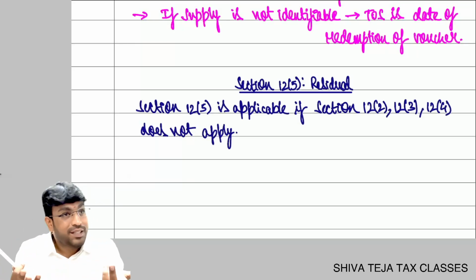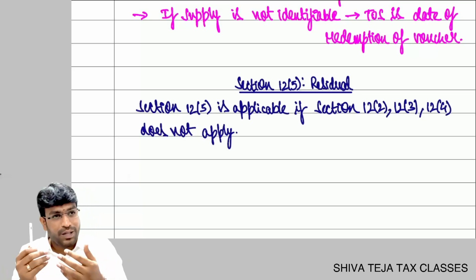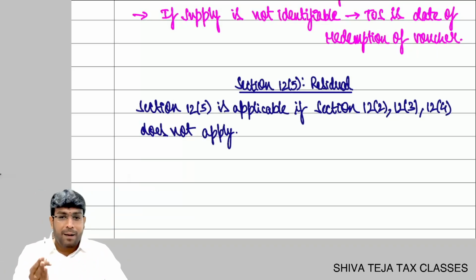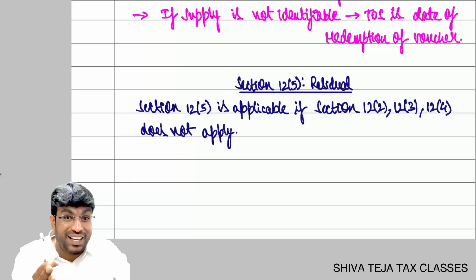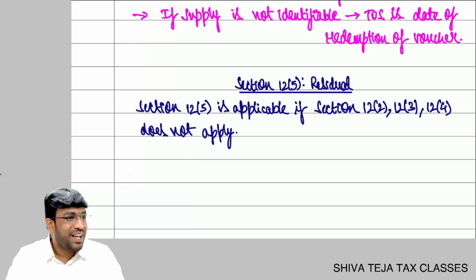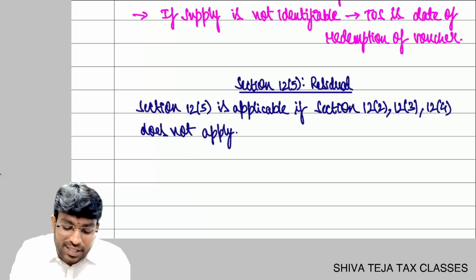Then how to determine time of supply? 12.2 is not applicable, 12.3 is not applicable, 12.4 is not applicable. Apply 12.5, residual case. Understood? Now what is residual case?